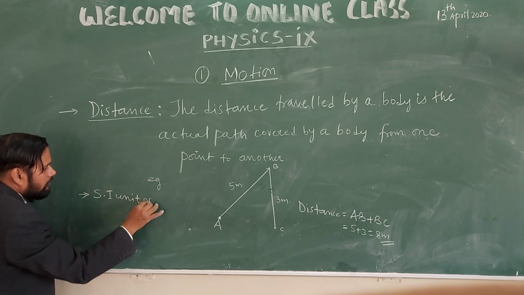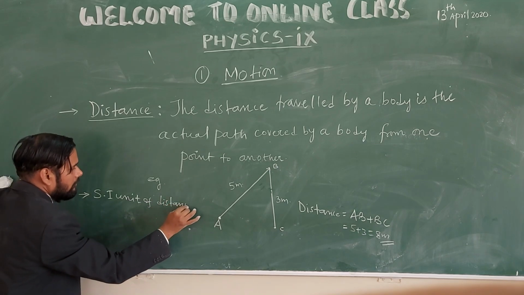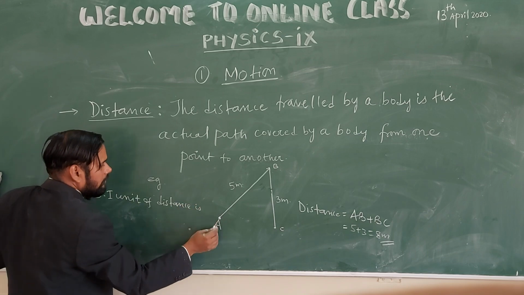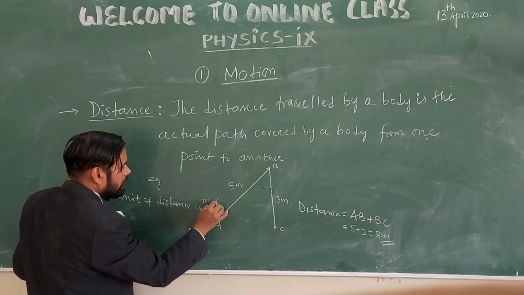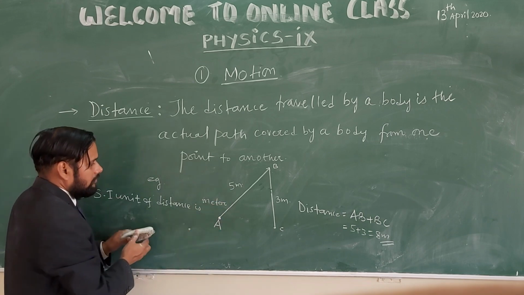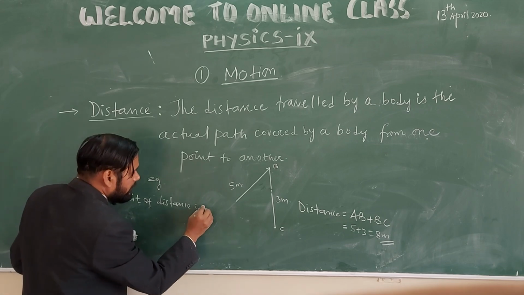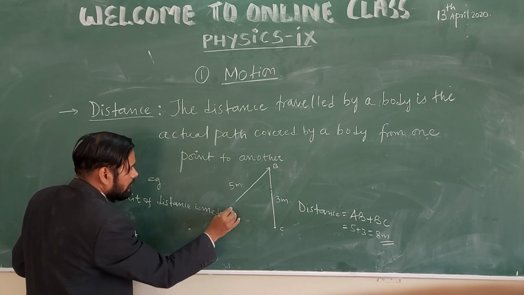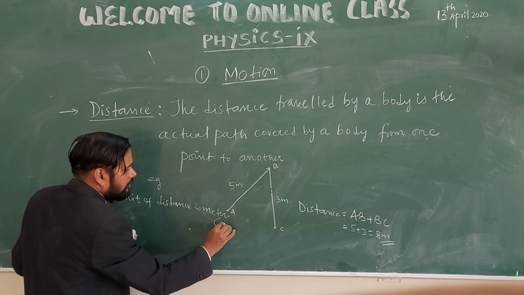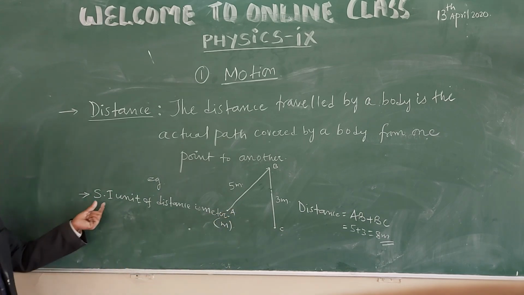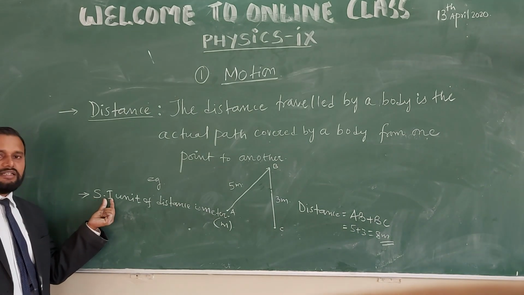SI unit of distance is meter. You can write it small. See, the meaning of SI is S means standard, I means international.